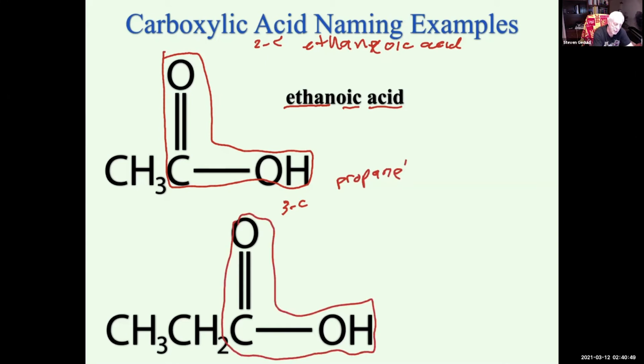So we drop the E and add OIC. OIC, not OCI. A little dyslexic there. OIC acid, propanoic acid. Is there any substituents attached or anything else? Nope, just carbon and hydrogen. So it's propanoic acid.